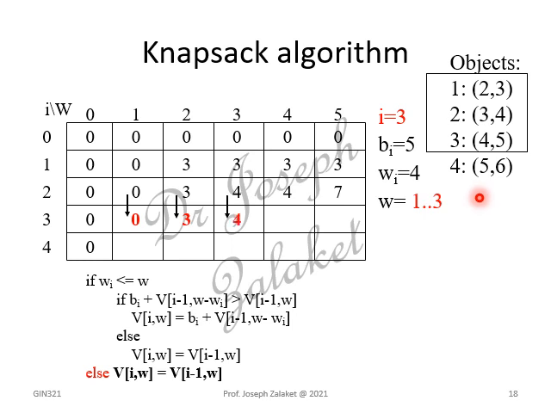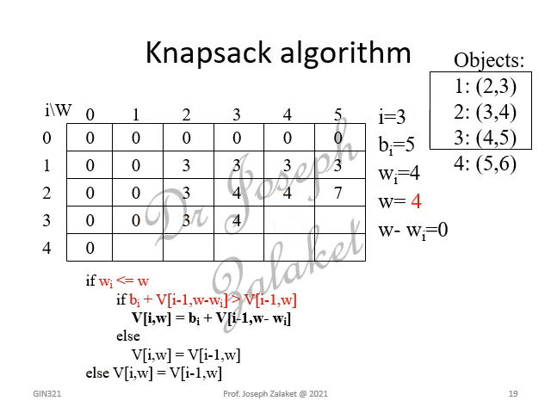Now for 4 the object can fit here. For 4 minus 4 we go to the column which is containing 0, plus the benefit of this object which is 5. In fact it is greater than 4, so we'll put 5 here.